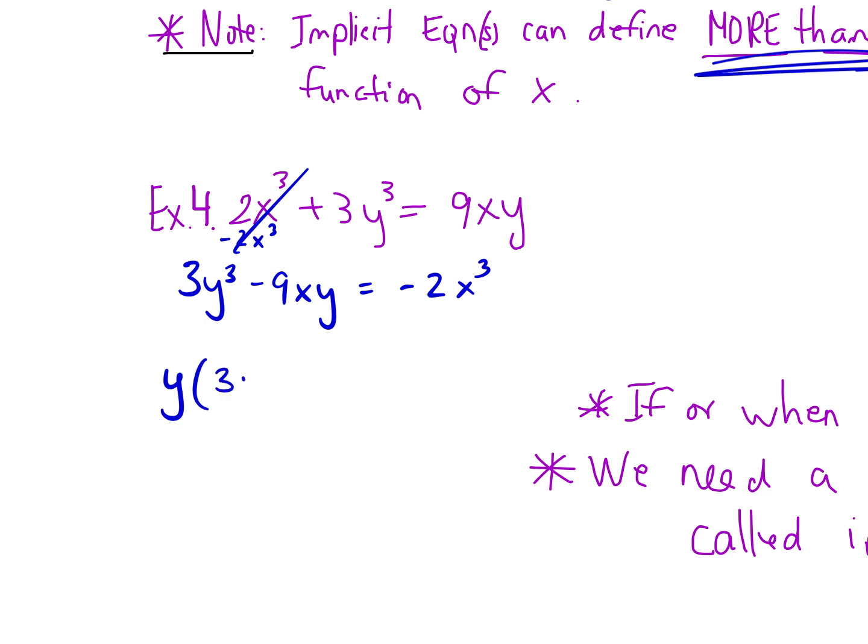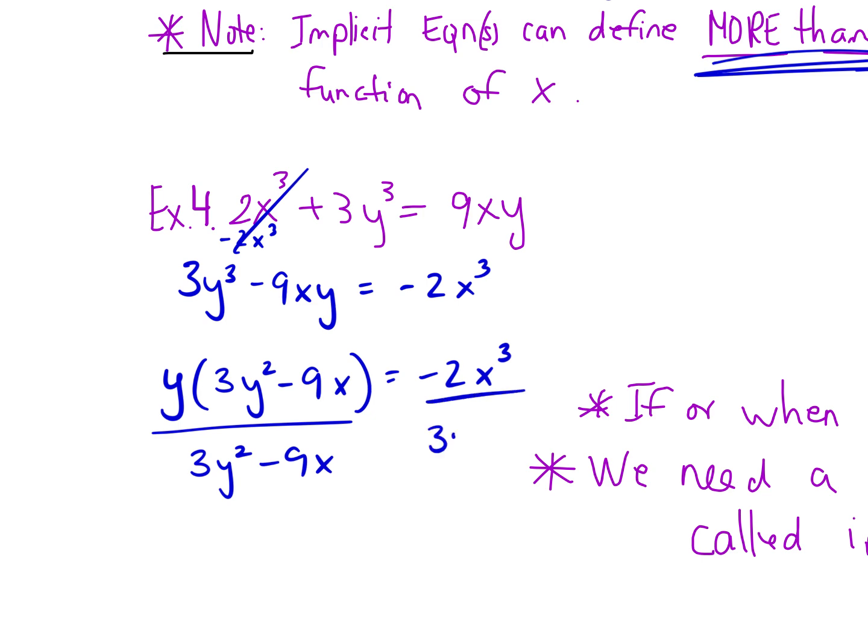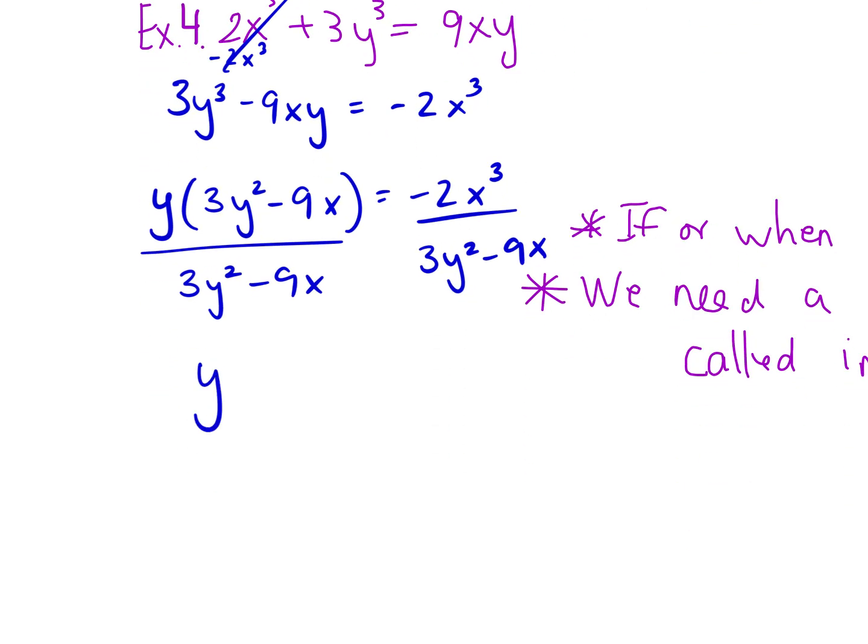And I'm left with 3y squared minus 9x equals negative 2x cubed. Divide by 3y squared minus 9x. So we get y equals negative 2x cubed over 3y squared minus 9x.